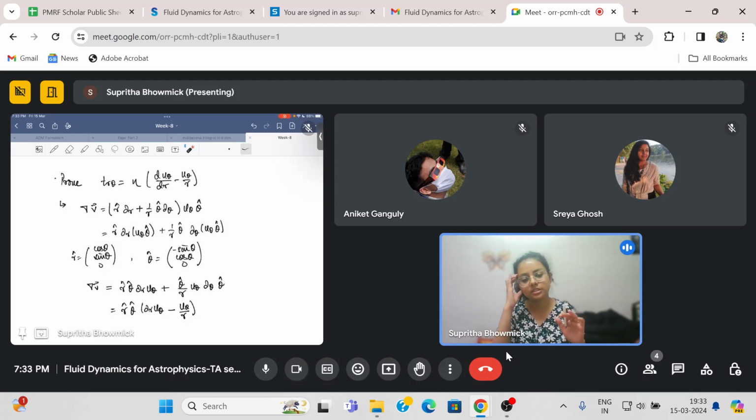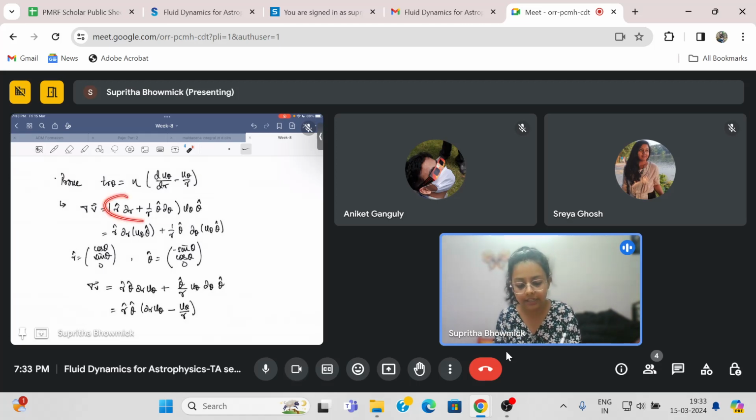This was also discussed very early on in the course, that the gradient of a vector is going to be like a tensor because you're taking outer products. Okay. So we take this gradient, but since we are computing the gradient on the azimuthal component of the velocity, we look at this.